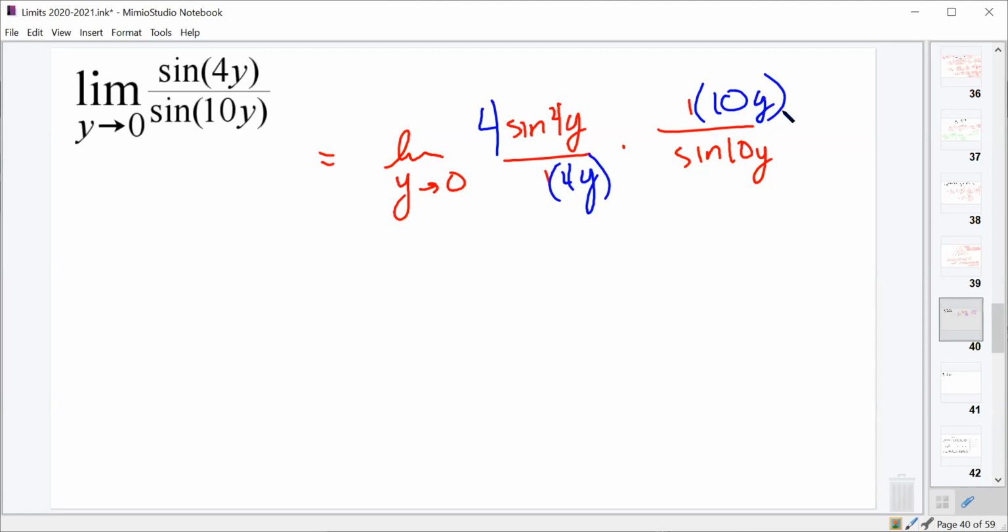I better put a y up there also, right? I know these are separate fractions now, but it's all multiplied together, right? I put a 4 down here, I got to put a 4 up here. If I put a y down in the bottom, I got to put a y somewhere up in the top. Since it's all multiplication, it doesn't really matter which side it's on, does it?